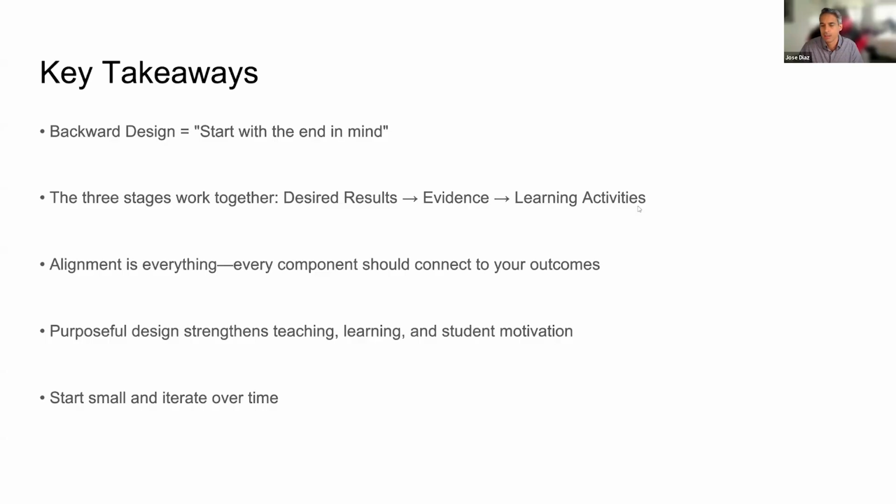That's the end. Most of the times we just go straight to the learning activities without considering the desired results and what evidence, right? Alignment is everything. Every component should connect to your outcomes. Purposeful design strengthens teaching, learning, and student motivation. Start small, iterate over time.